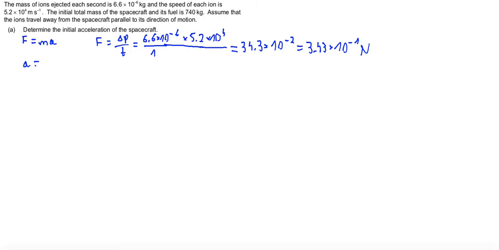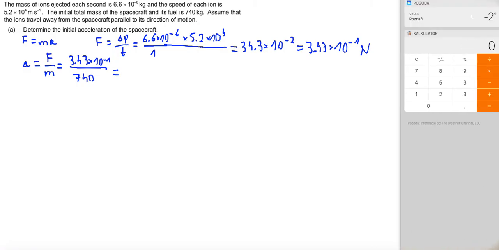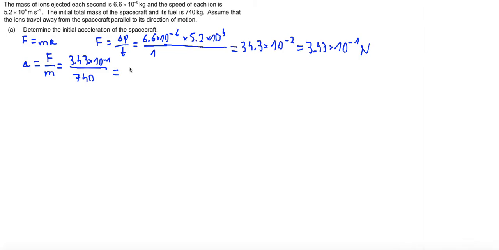So acceleration is this force divided by the total mass of the spacecraft. 3.43 times 10 to the power of minus 1 divided by the mass, which is 740. 0.343 divided by 740 gives 4.6 times 10 to the power of minus 4 meters per second squared.